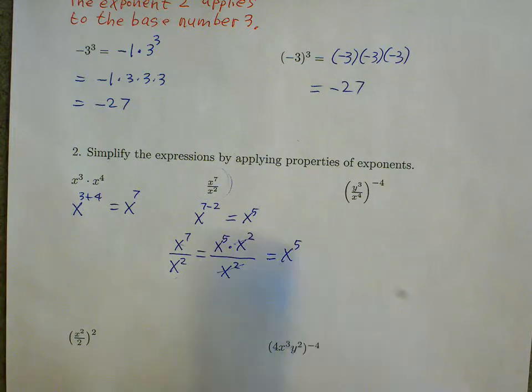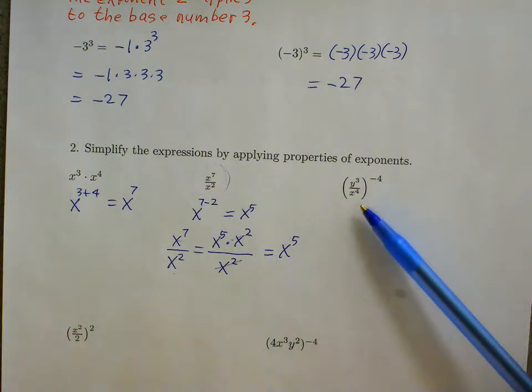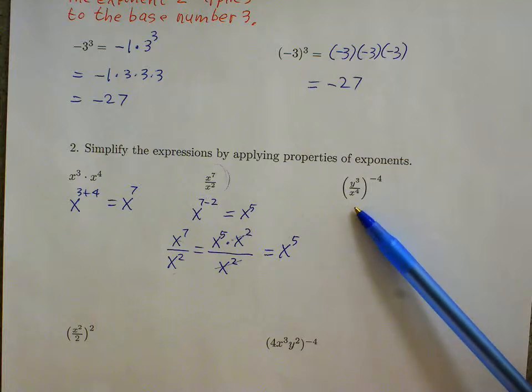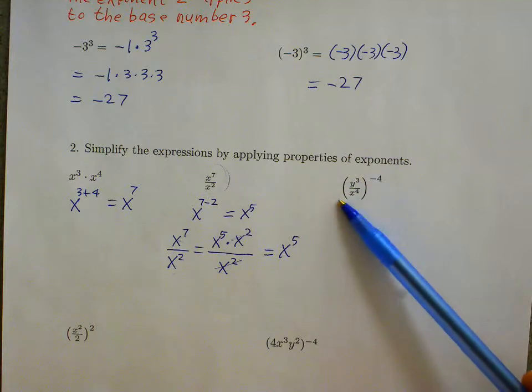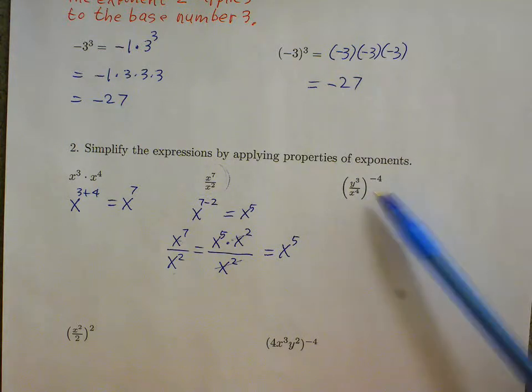You don't have to go into that much detail, but if you happen to forget a particular property of exponents, you can use other properties to help remind you of how that property works. Okay, the next example, we have y to the 3rd over x to the 4th, and that entire rational expression or fraction is raised to the exponent -4.